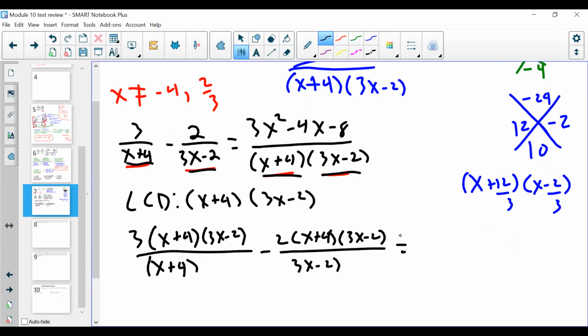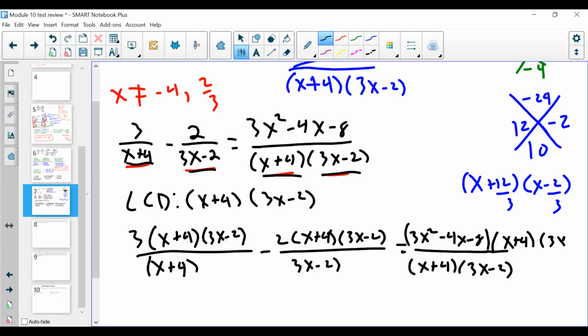That's going to equal 3x squared minus 4x minus 8 over x plus 4, 3x minus 2 multiplied by the LCD of x plus 4 and 3x minus 2. Everyone with me so far? Are we okay?